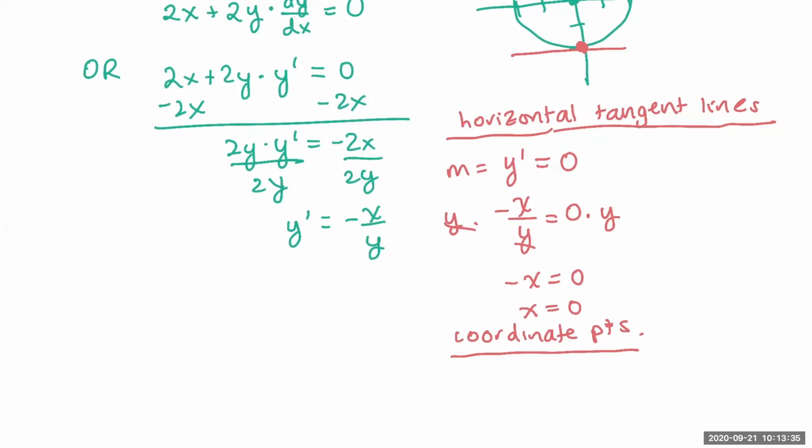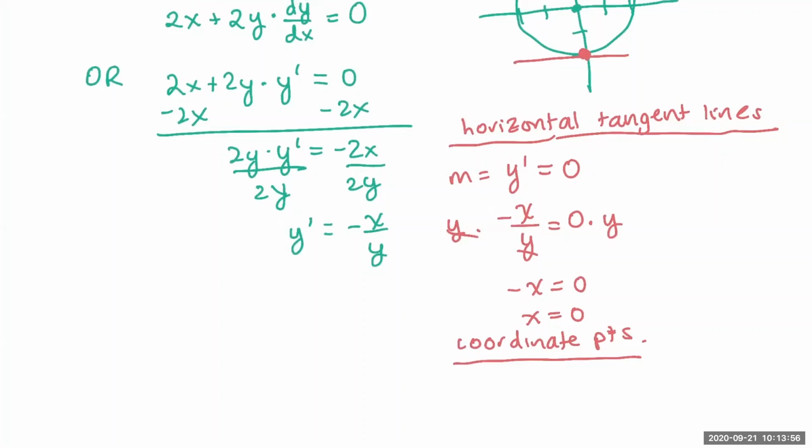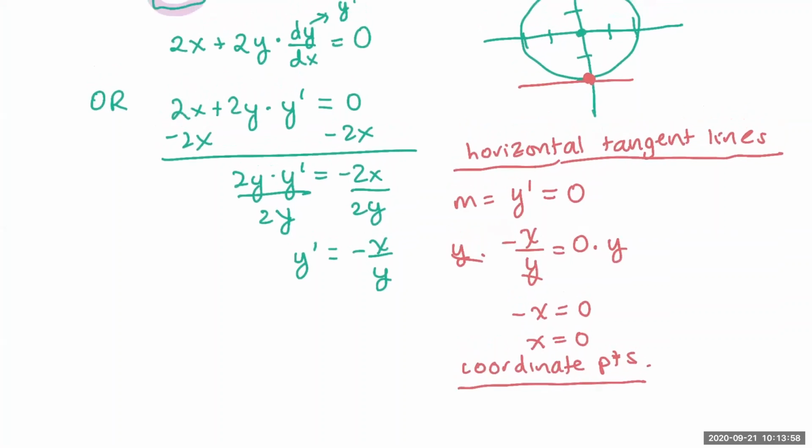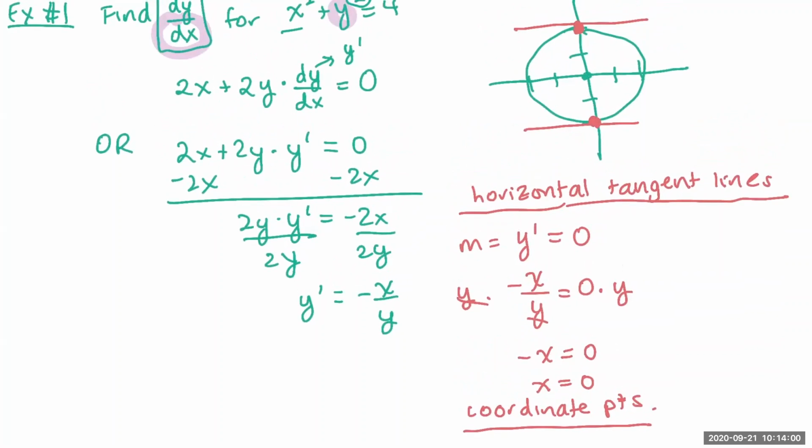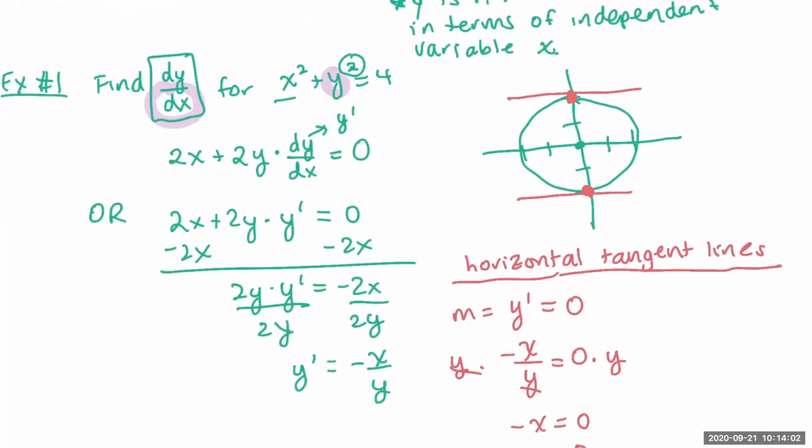If you have any x values and you want to find the y values, you would take the x value and plug it back into, good, the original equation, where you have a relationship between x and y.